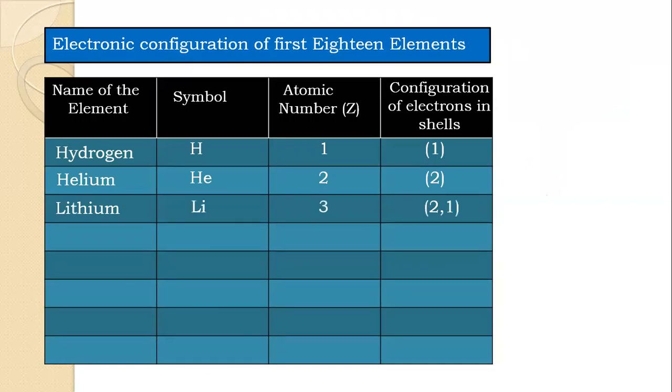The atomic number of lithium is 3 and the electronic configuration is 2, 1. That is 2 electrons in the first shell and 1 electron in the second shell. So students, lithium's last shell is the second shell. So what will lithium do? Is it easy for lithium to take 7 electrons and complete its octet?